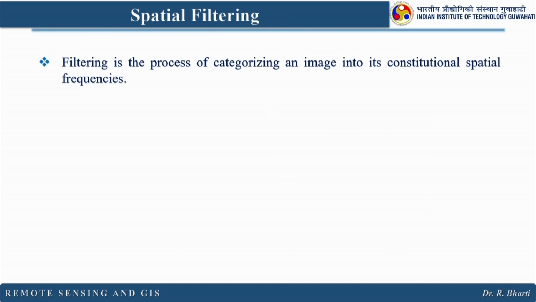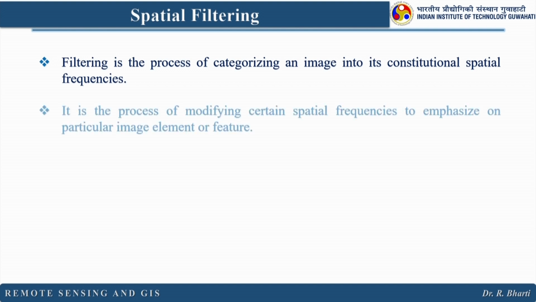Now, what do we mean by spatial filtering? Filtering is the process of categorizing an image into its constituent spatial frequencies. It is a process of modifying certain spatial frequencies to emphasize a particular image element or feature.